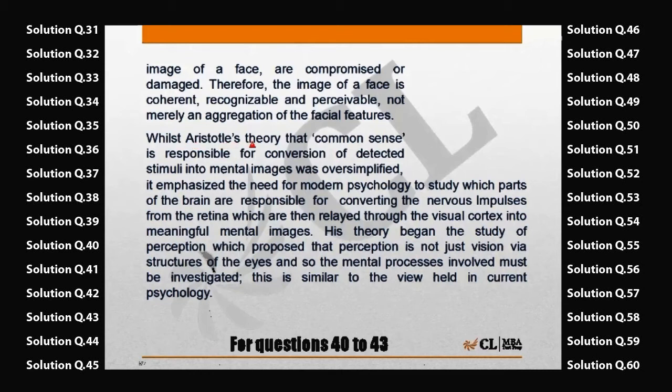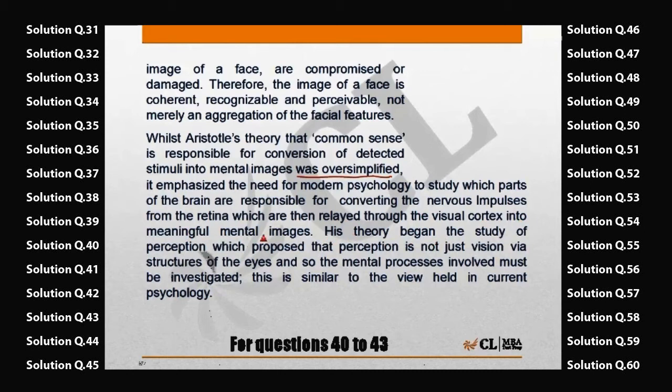While Aristotle's theory that common sense is responsible for conversion of detected stimuli into mental images was oversimplified, it emphasized the need for modern philosophy to study which parts of the brain are responsible for converting the nervous impulses from the retina, which are then relayed through the visual cortex into meaningful mental images.